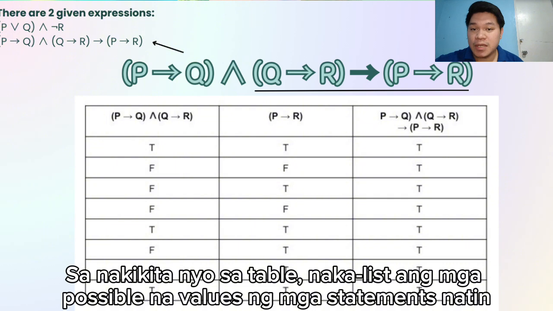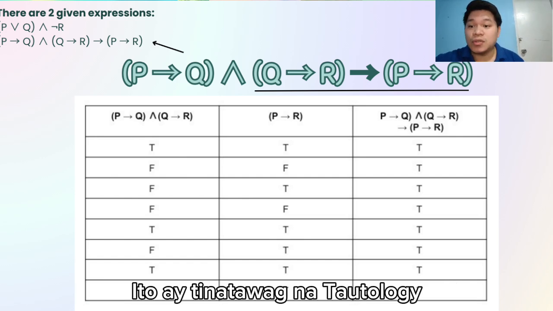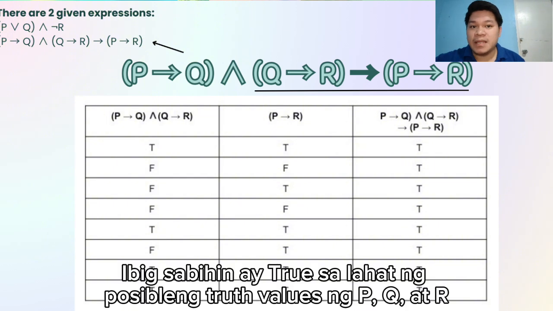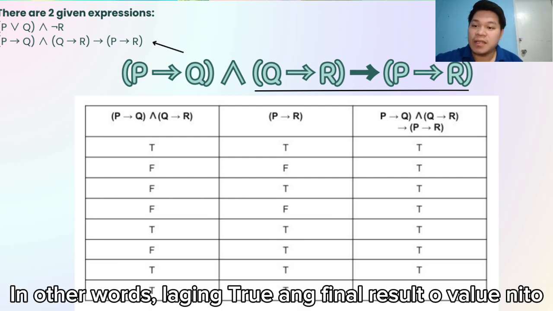Sa nakikita nyo sa table, nakalist ang mga possible na values ng mga statements natin, pero true pa rin ang mga final result nito. Ito ay tinatawag na tautology. Ibig sabihin ay true sa lahat ng posibleng truth values ng P, Q, at R. In other words, laging true ang final result o value nito.